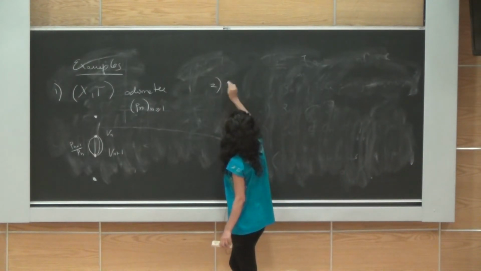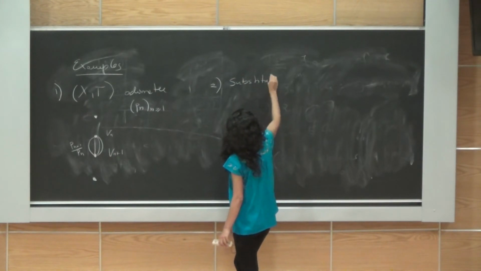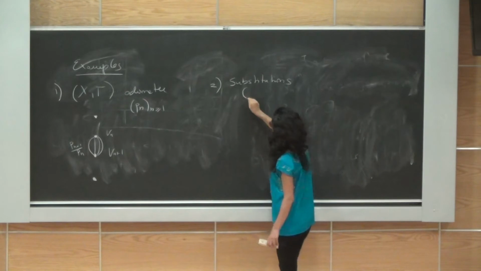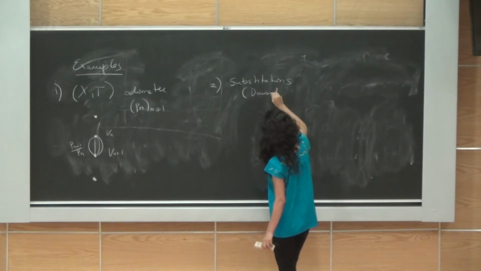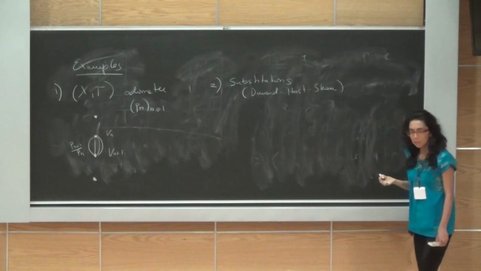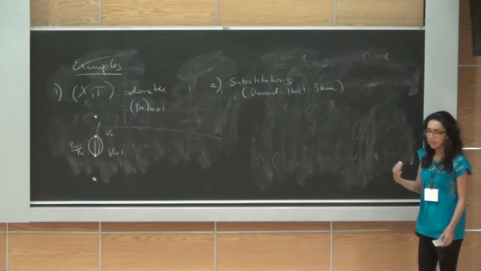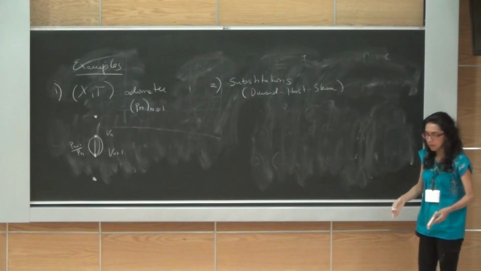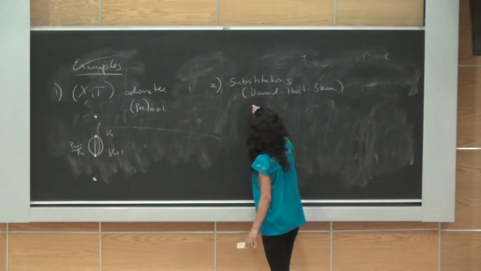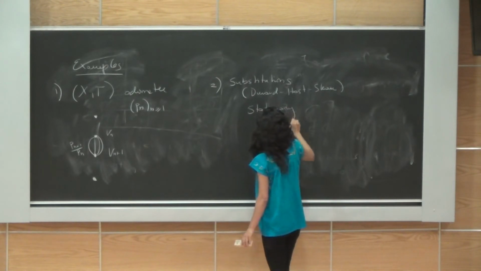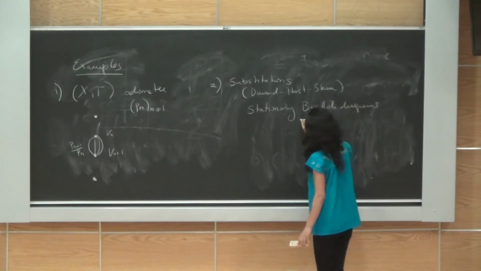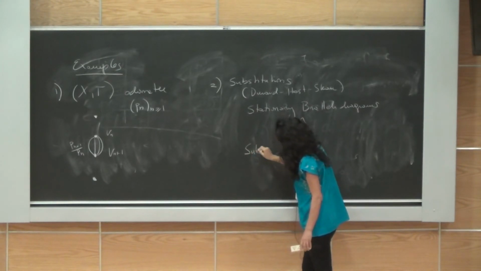For substitutions, there is a result from Durand, Host, and Skau, where they proved that stationary Bratteli diagrams, which means that you always have the same incidence matrices and the same order at each level, correspond exactly to substitution minimal systems.